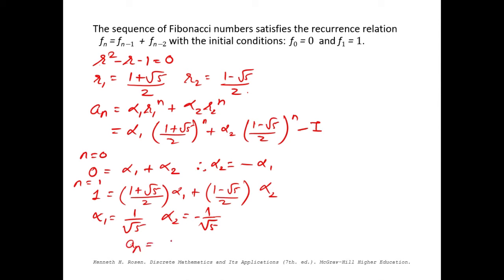An is equal to 1 upon root 5, 1 plus root 5 by 2 raised to n plus minus 1 upon root 5, 1 minus root 5 by 2 raised to n.